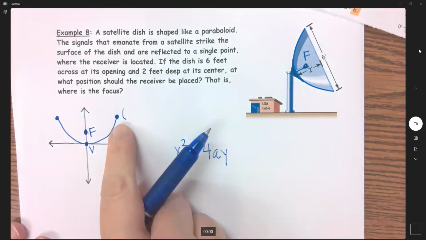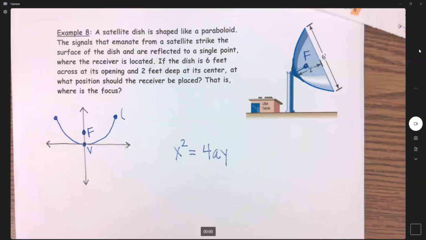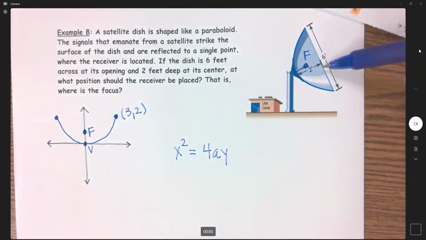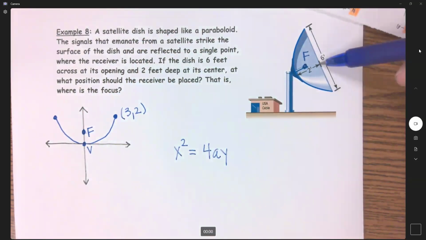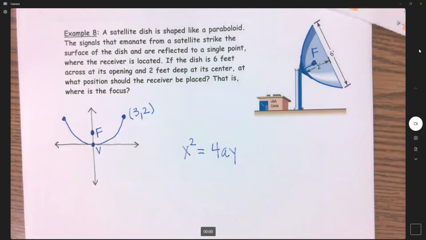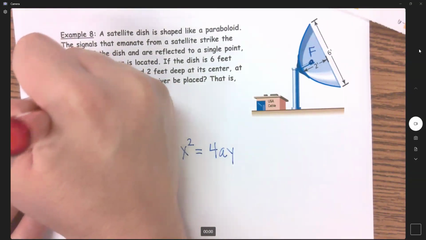What would this ordered pair be of this point here? So pause the video if you want a little bit more time to think about that. A lot of times when I'm teaching this in class, I get 6, 2. But this is going to be 3, 2, because if the whole thing is 6, from the center to the edge will only be 3. Now I don't need the point over here, but this point here would be -3, 2.